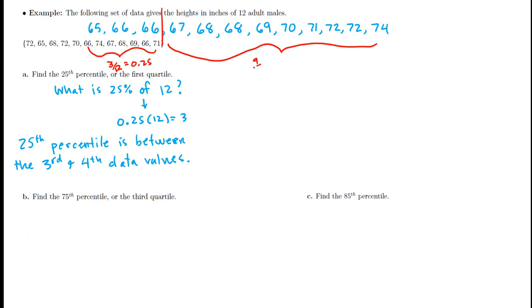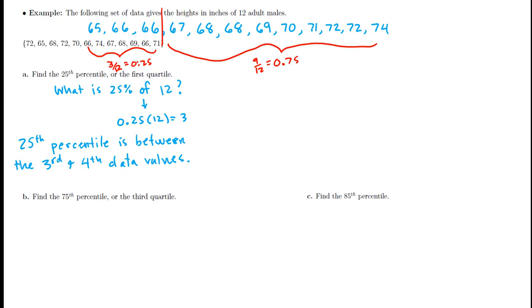So 9 out of 12 is 0.75. If we picked the third value, then below me I would only have 2 out of 12, which is only about 16.7% of the data set, that's pretty far away from the 25th.